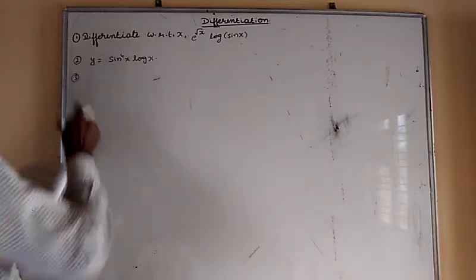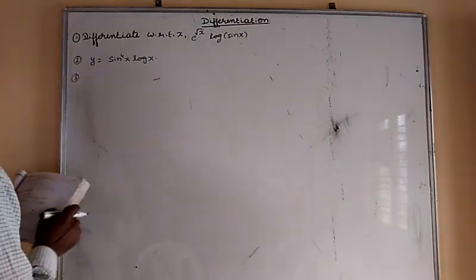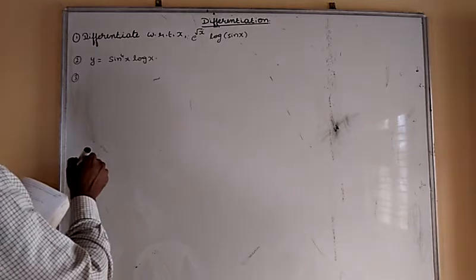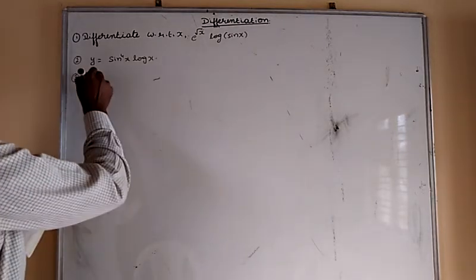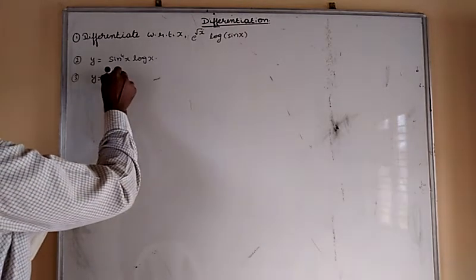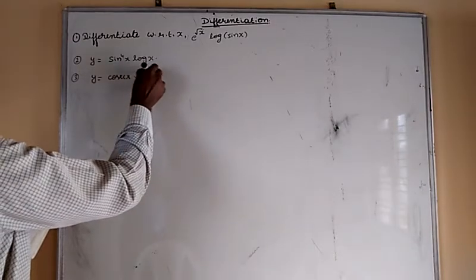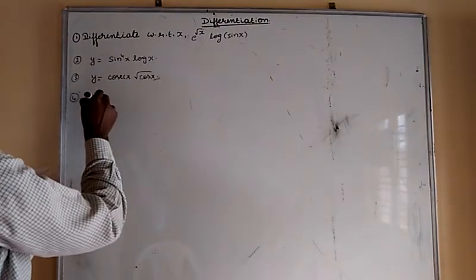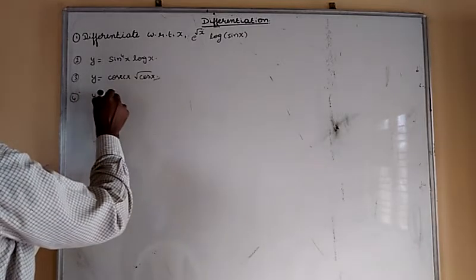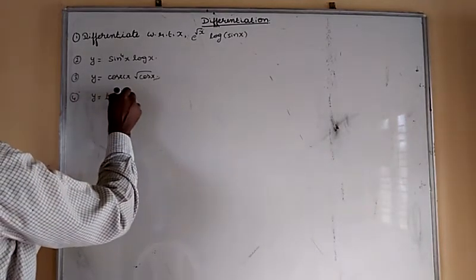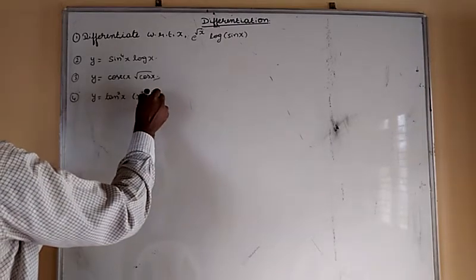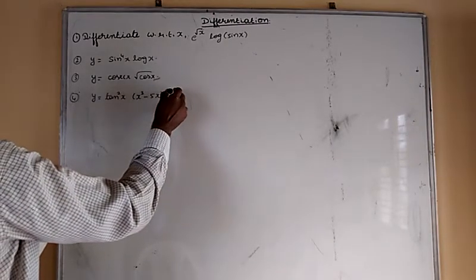The next question here, y is equal to cosecant x into root cos x. Next one, y is equal to tan square x into x cube minus 5x square plus 2.